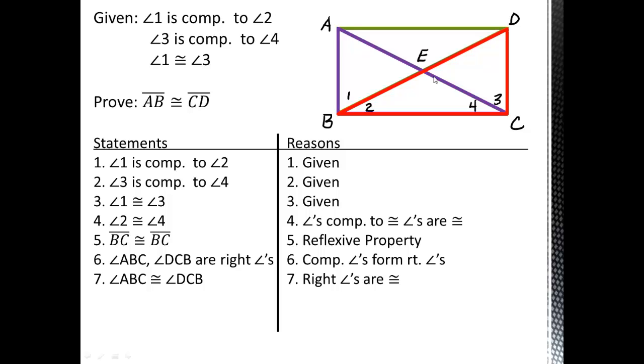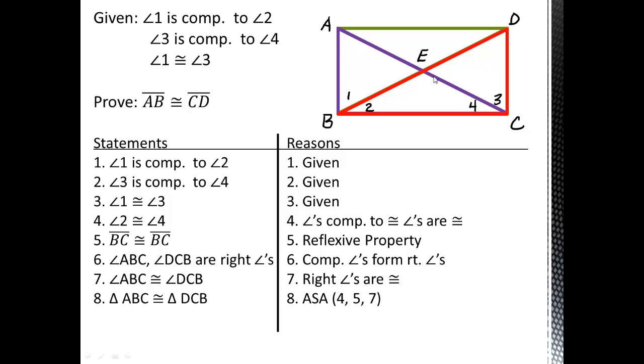Now you also could have said that angle ABC is congruent to angle DCB because of the addition property, because if you add congruent parts of congruent angles together, then those new sums are congruent as well. For me, this is a little bit cleaner though.